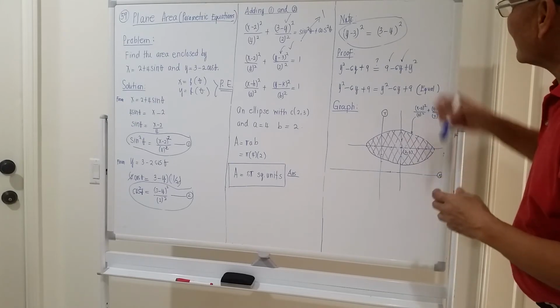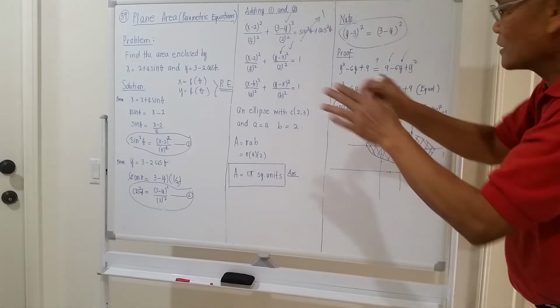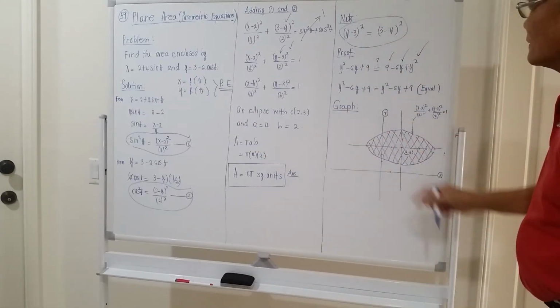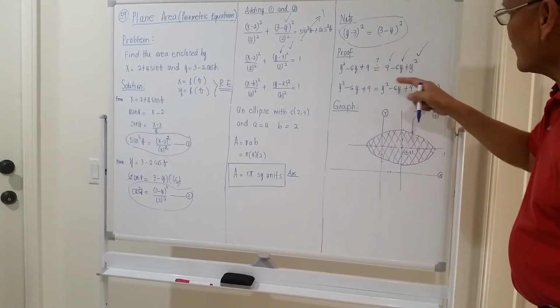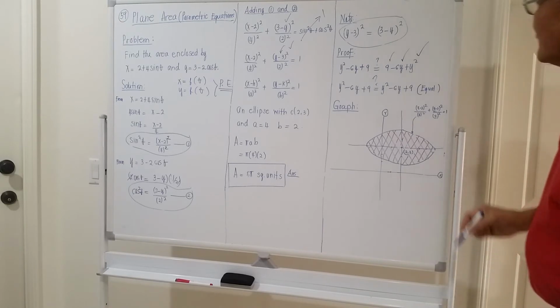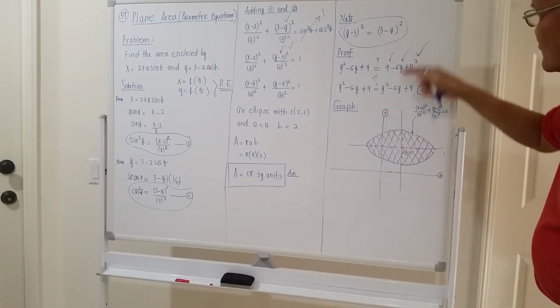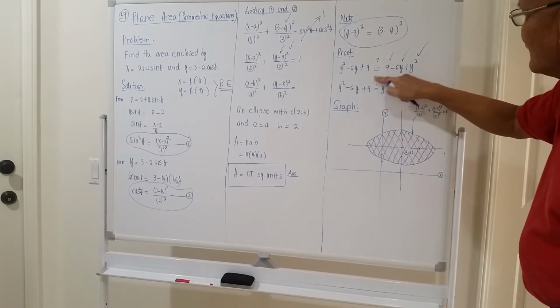Third term is minus y quantity square. Negative, we square that one, it will be plus y square. So if we rearrange this one, y squared minus 6y plus 9, they are equal, right? They are equal.